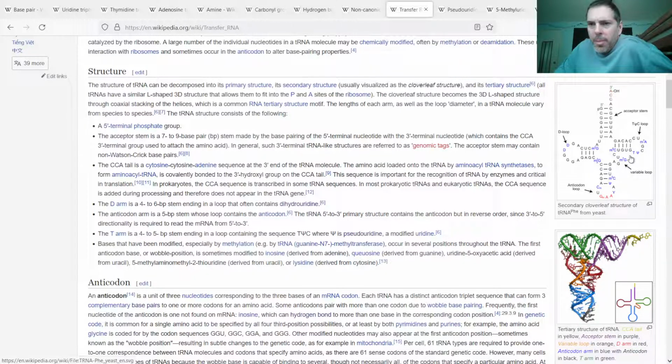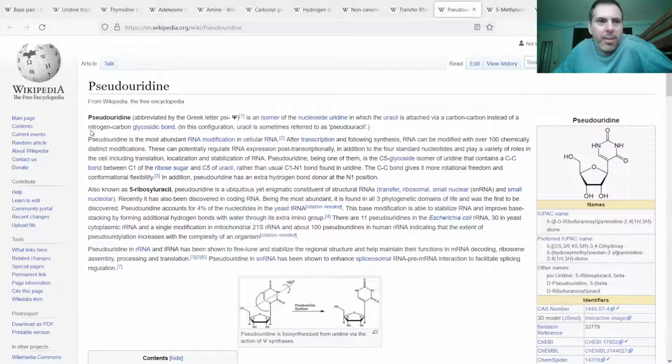So the psi is this pseudouridine. So that's a uridine or a uracil base that's been connected to the ribose sugar on a different node in the pyrimidine here.